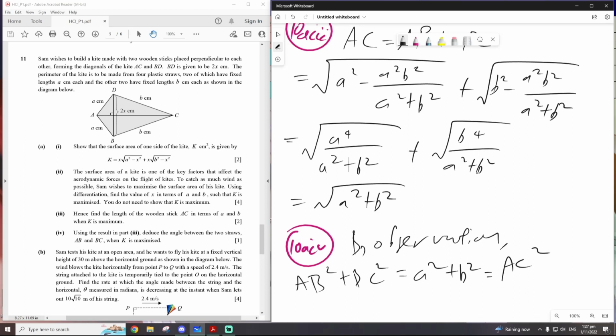So meaning Pythagoras theorem applies here. So therefore, angle ABC equals 90 degrees. Yeah, so that will be the observation to make. I think it's really cool.